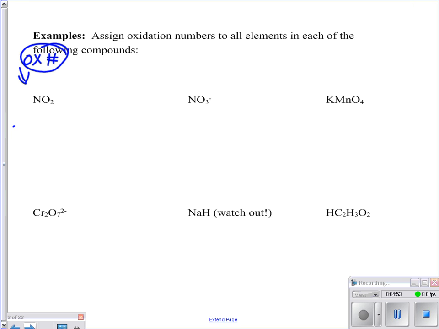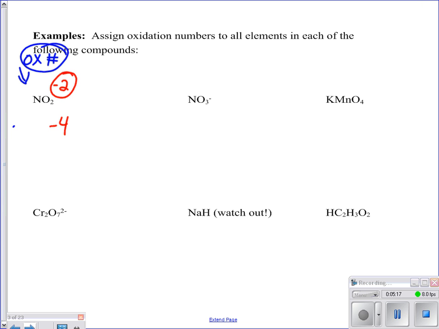All right, so the first one, NO2. Out of those, N and O, which one do you know the charge of, the oxidation number? Oh, so you know oxygen is going to be -2. That is the oxidation number for oxygen. But you've got 2 of them. So here's my scratch work. That gives me a total charge on my oxygen of -4.